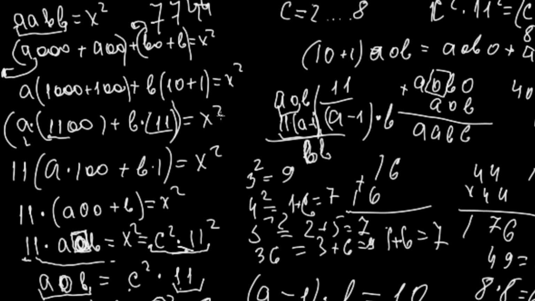Of course, you can simply multiply 88 by 88 and you will get 7,744.